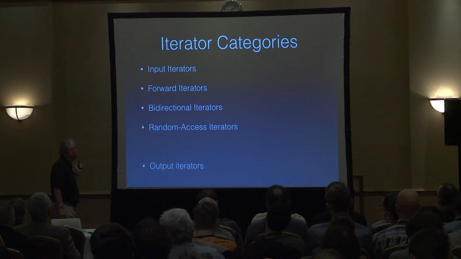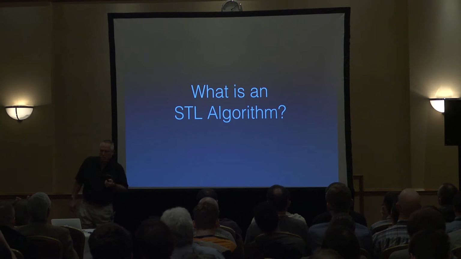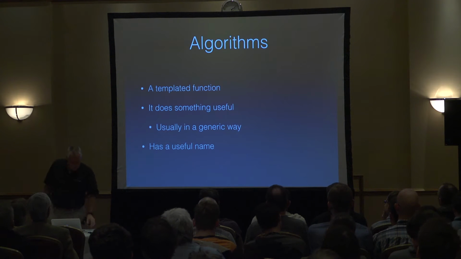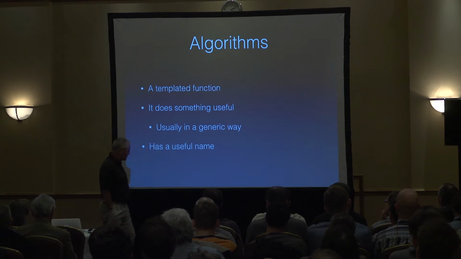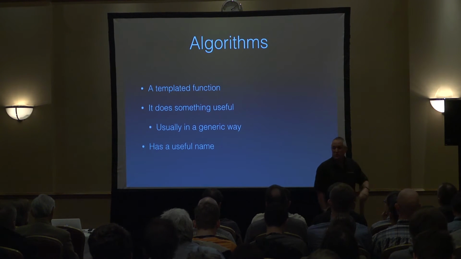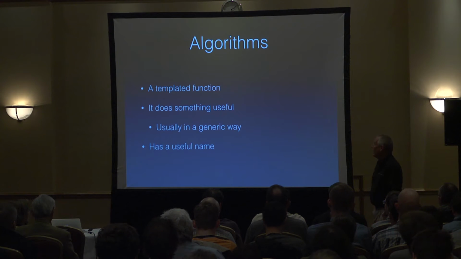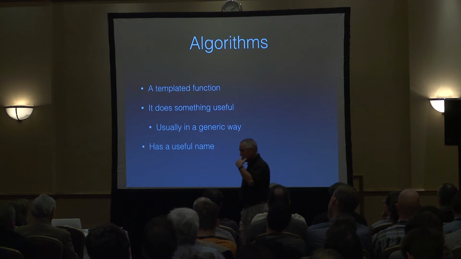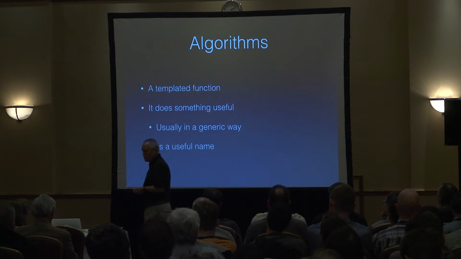OK, so what is an STL algorithm? An STL algorithm is almost always, as a matter of fact, I can't think of any time it's not, a templated function that performs some useful operation, useful to somebody. Useful is obviously a subjective thing. And it's done in a generic way because you want it to be useful in more than one context.